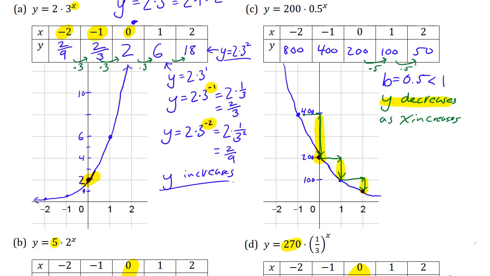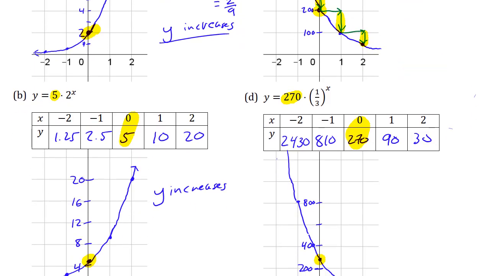Here we have a decreasing y over here. And here we have a decreasing y here. Well, the difference is, what are you doing every time x increases here? You're multiplying by 2. Multiplying something by 2 makes it bigger. It makes it increase. Over here, every time x increases, you're multiplying by 1/3, which makes it smaller.